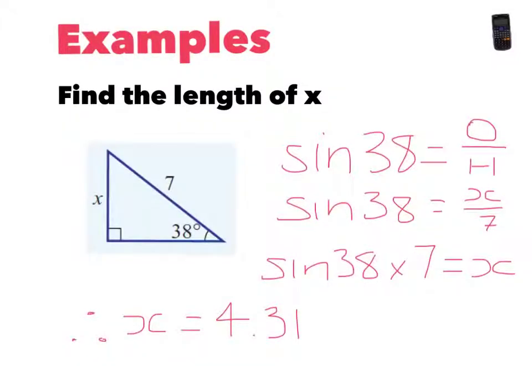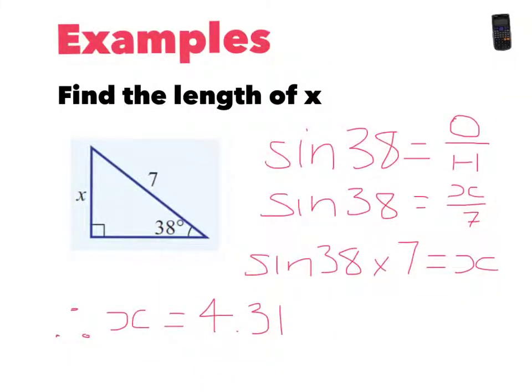So this is the kind of thing we were looked at last lesson. We've been given an angle and two side lengths. We saw that it was the hypotenuse and the opposite, so we pick sine. We put the angle in, sine 38, opposite over hypotenuse, and substitute it in. At this point it was really quite easy because the thing that I was missing was my numerator.